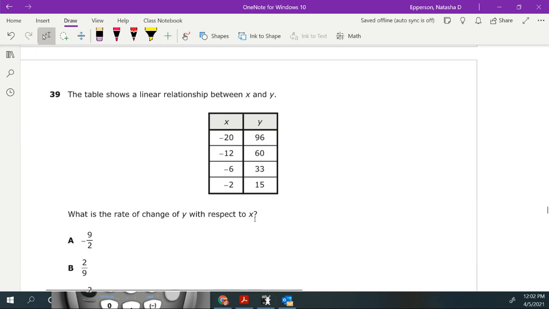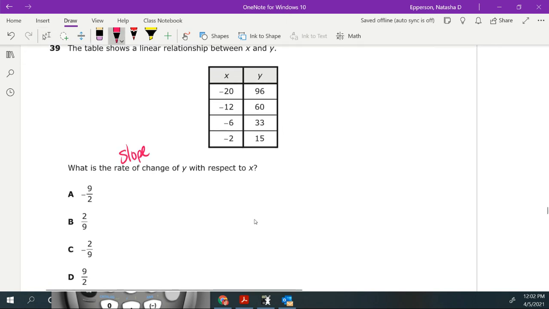All right, question number 39. The table shows a linear relationship between X and Y. What is the rate of change with respect to X? So we're looking for the slope. I'm going to pick 2 points. 60 minus 96 over negative 12 plus 20.